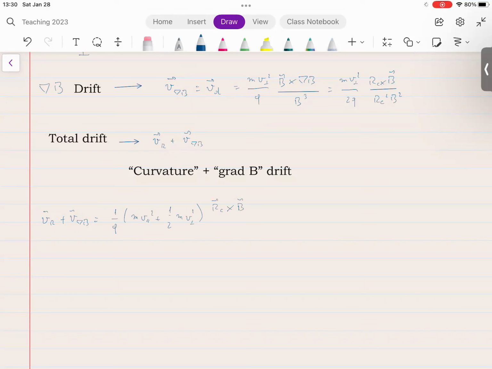R_C cross B divided by R_C squared B squared.